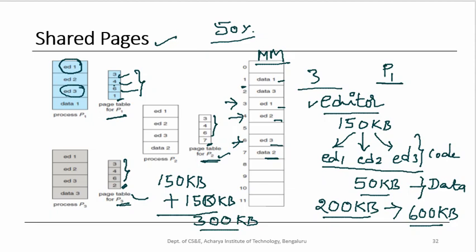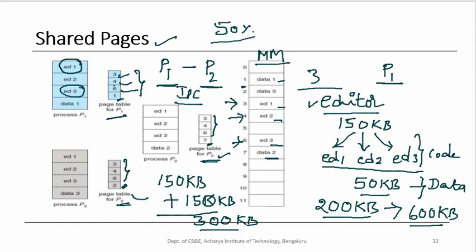This is an advantage of shared pages. The same shared pages concept can be used when two processes try to communicate. I hope you still remember when we discussed inter-process communication, IPC. We discussed two methods of realizing it.